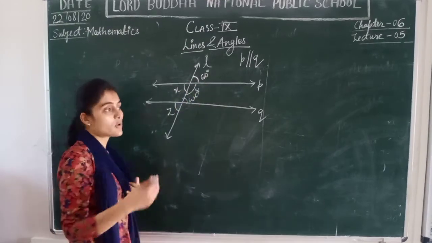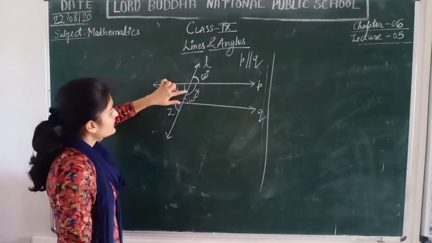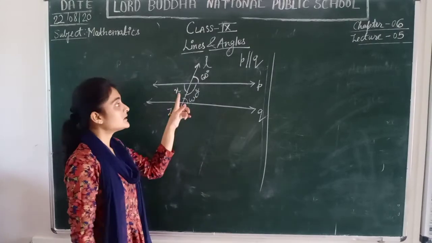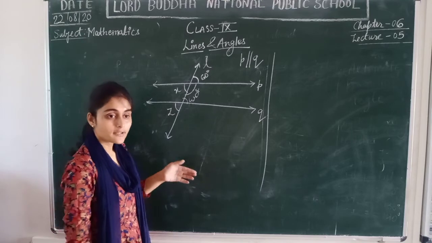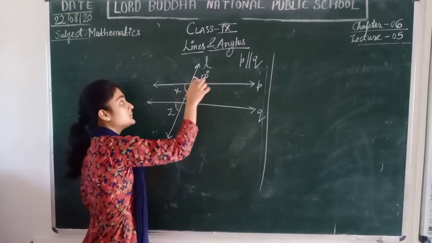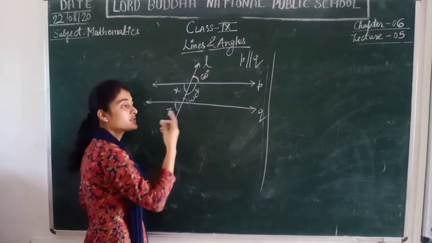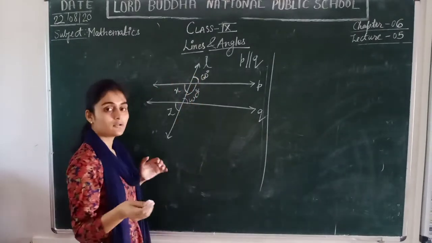So let's use the points we have learned right now. Looking at X and 60 degrees, you can clearly see they are at vertically opposite positions, right? You will simply write that X equals to what? 60 degrees, because vertically opposite angles की value क्या होती है?